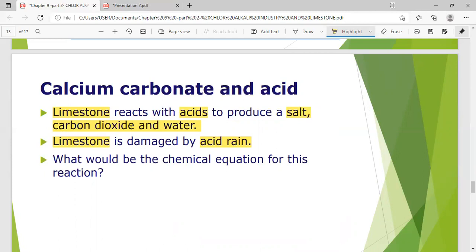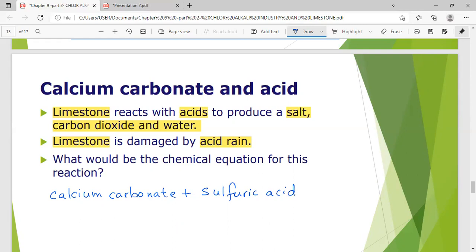We know that limestone is calcium carbonate. What is the acid present in acid rain? Sulfuric acid. Now what products are formed?